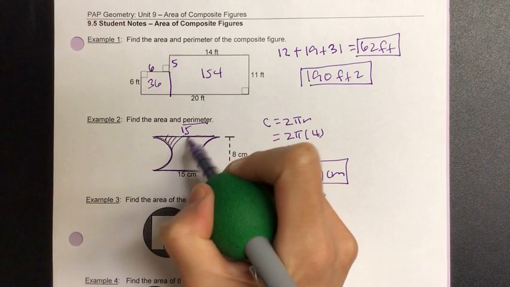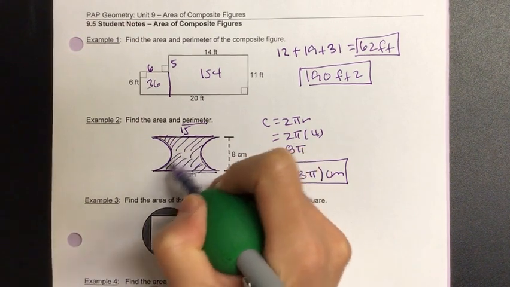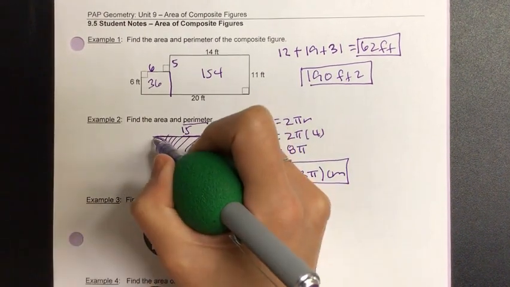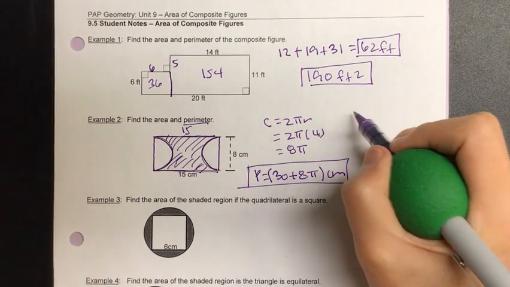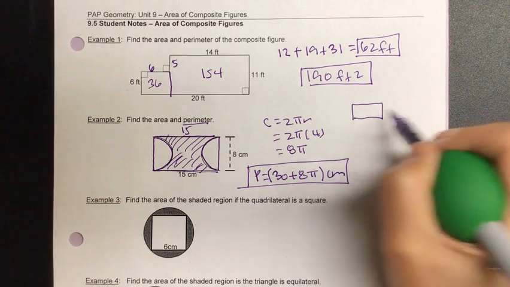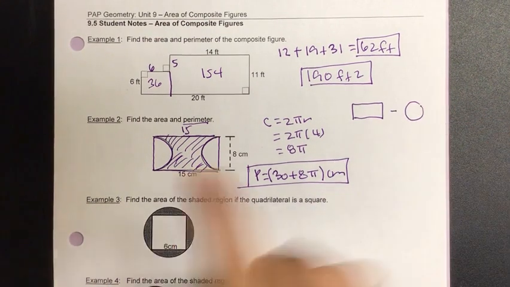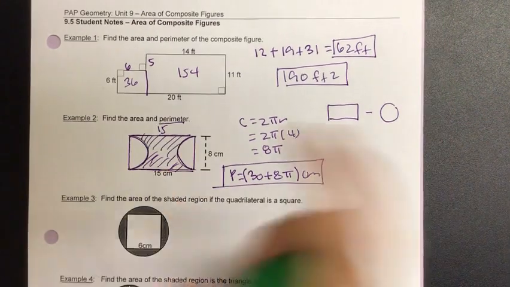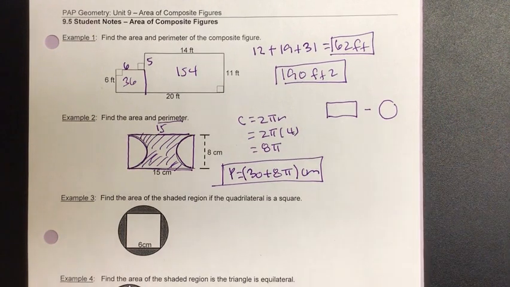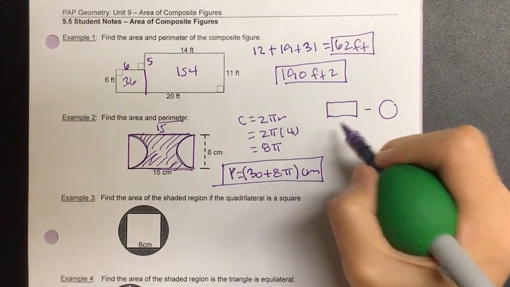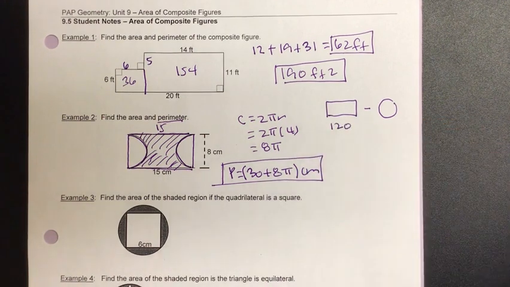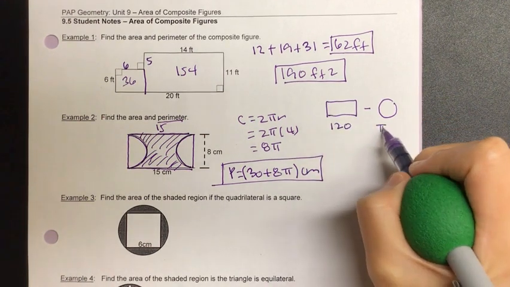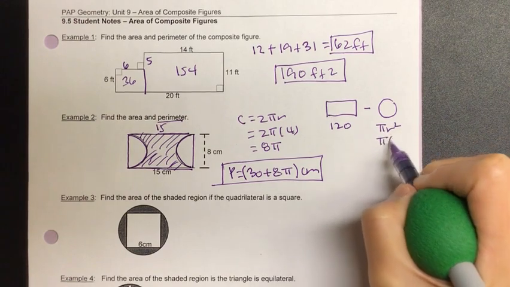We're looking at the area of this figure. It looks like I need to look at the whole thing as a rectangle. So if I take the rectangle minus the area of the circle, would that give me that? For the rectangle, it's 15 times 8. How many is 15 times 8? 120. And then if I do pi r squared, we have pi times 4 squared.